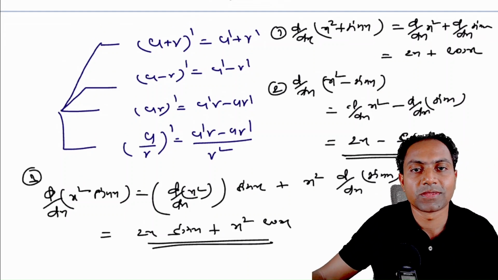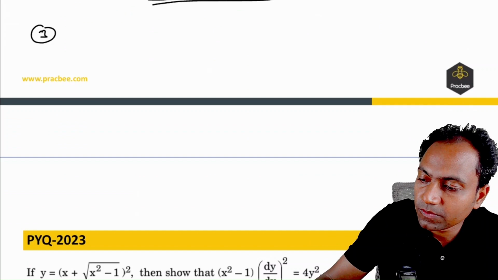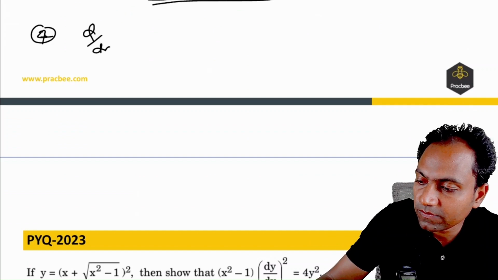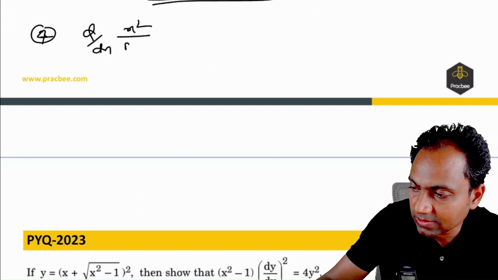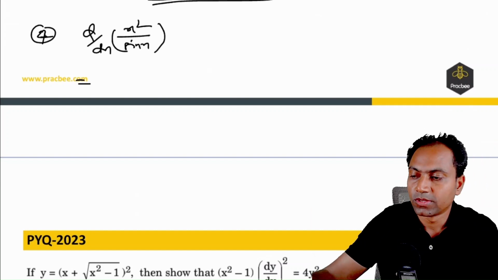So we have understood what to do in the case of addition, then subtraction, then multiplication. Now let us move towards the idea of division. In the fourth part, if I want to find the derivative of x square by sine x, I can use my quotient rule or the division rule. What does it say?